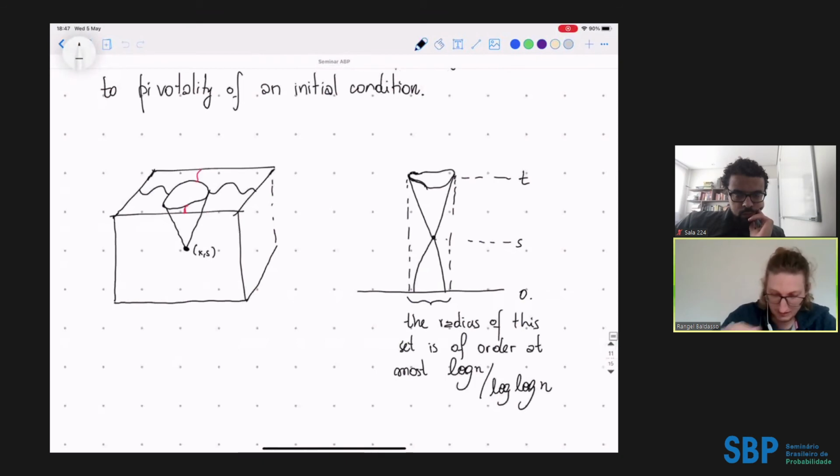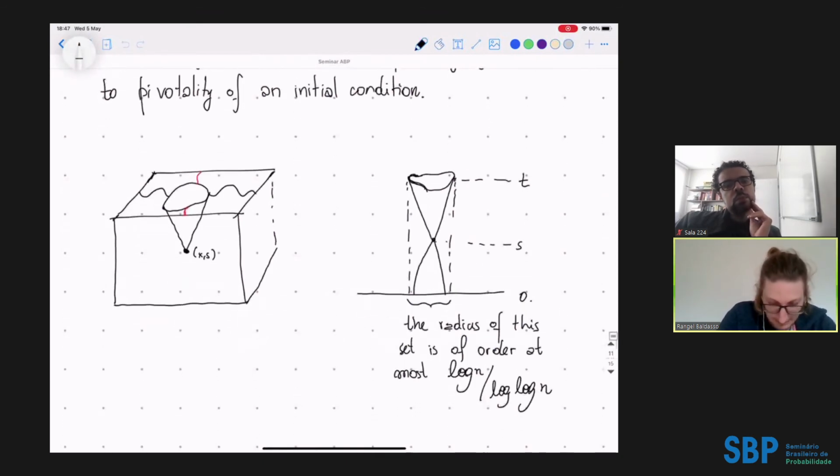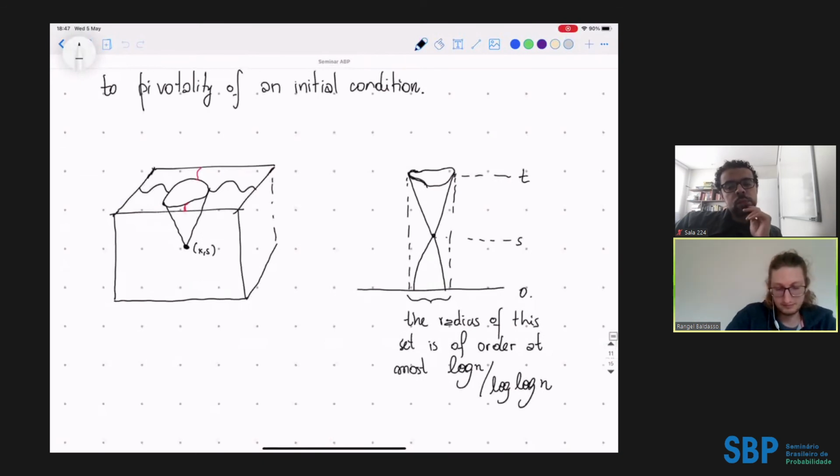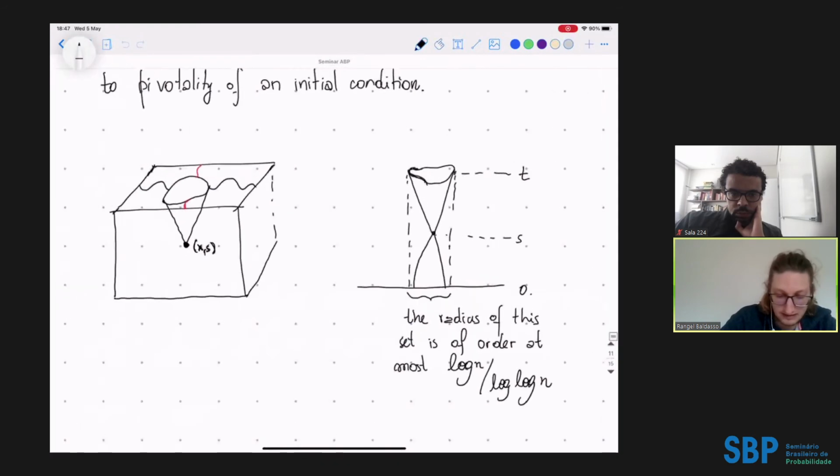So maybe let me tell you a little bit about the idea of how to make this kind of relation here. Let's say, for example, we have a clock tick here in the middle of the box that's pivotal, meaning that whether we accept it or not changes the existence of a crossing at time t in our configuration.